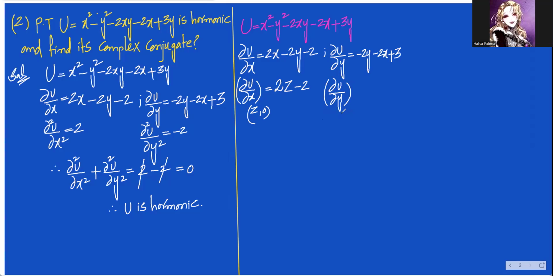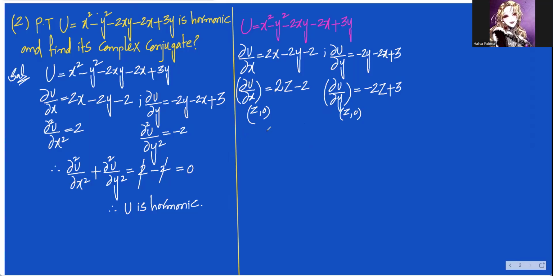अधूरा हो जाता पूरा चैप्टर, एक बार होना है. z, 0. So we get minus 2z plus 3 here. Okay. Yes, sir.